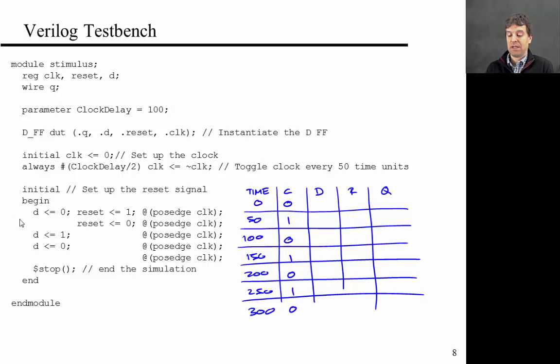Then we're going through here: data at the very beginning is set to 0, reset is 1. After 50 time units, this is the positive edge of the clock. So at positive clock, what's the next thing I'm going to do? Well, I'm going to set the reset to 0. And I'm not doing anything to the data at this point, so it stays what it is.